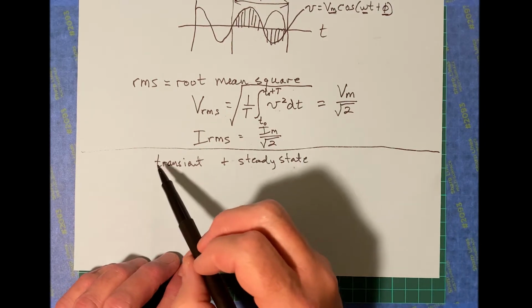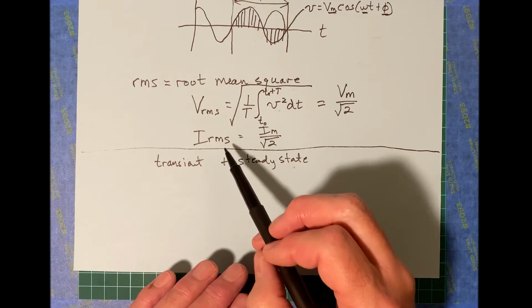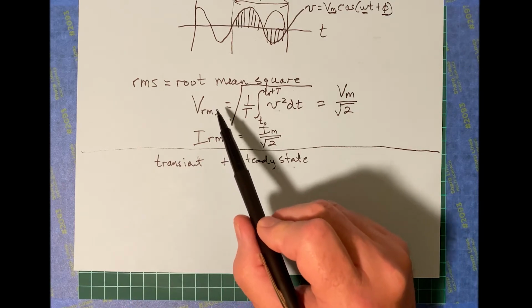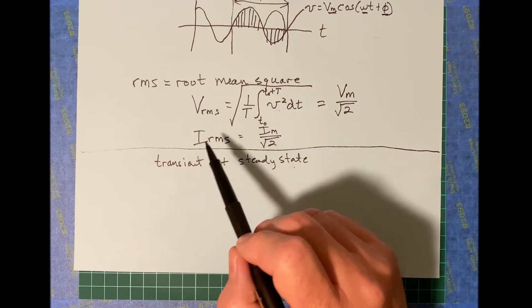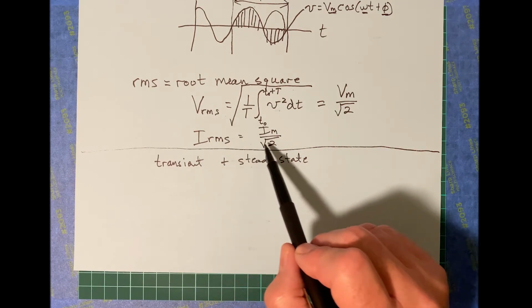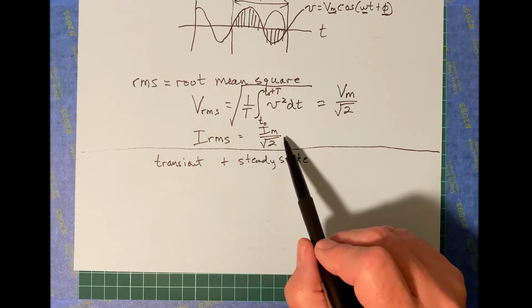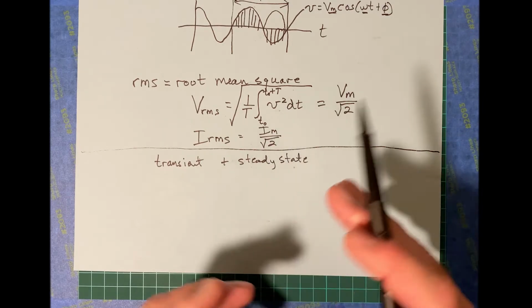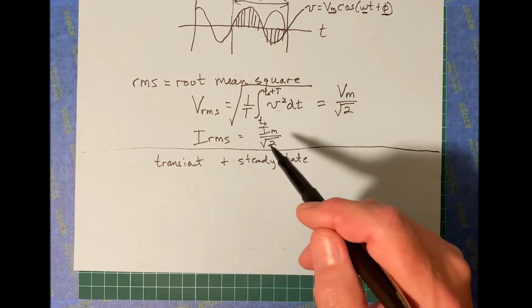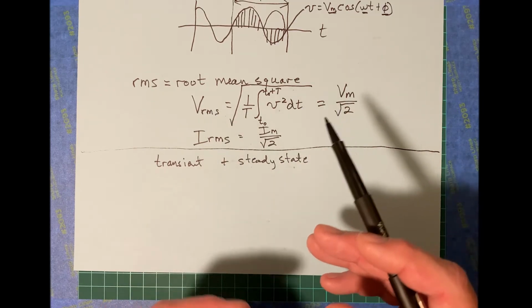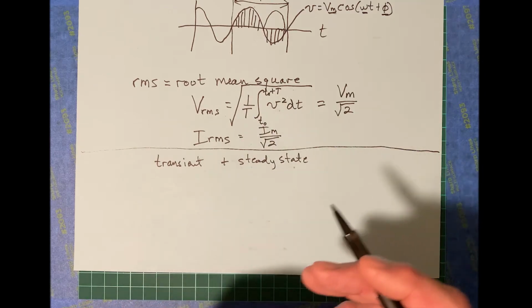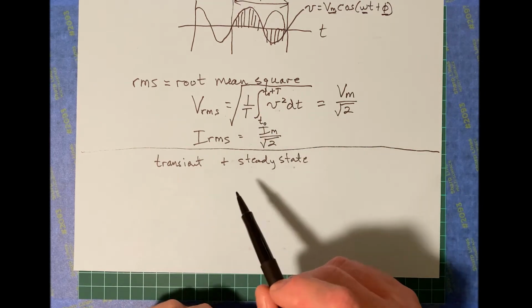In other words, whatever you're looking at, be it voltage or current. Oh, by the way, back up here. This root mean square idea works great for voltages and currents, just taking the maximum and dividing by square root of 2. That's not going to work for power. That's not going to work for energy either, because those are not nice linear functions like voltage and current. Those involve square terms, so you have to keep that in mind.